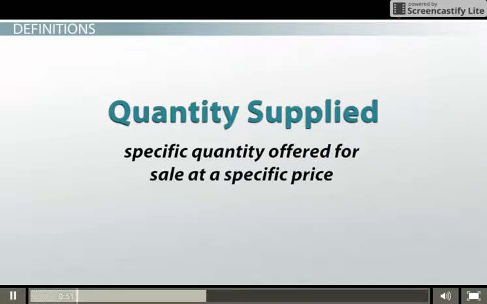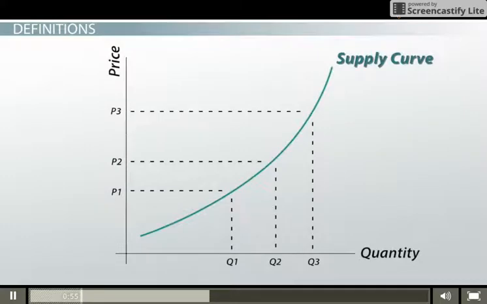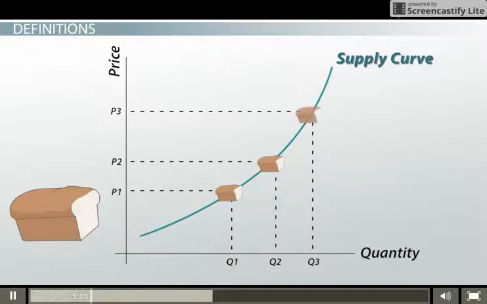This can be thought of as a single point on the supply curve. For example, a bread manufacturer may be willing to supply 500 loaves of bread at $1, 1,000 loaves at $2, and 3,000 loaves at $3. Each one of those points can be referred to as quantity supplied.